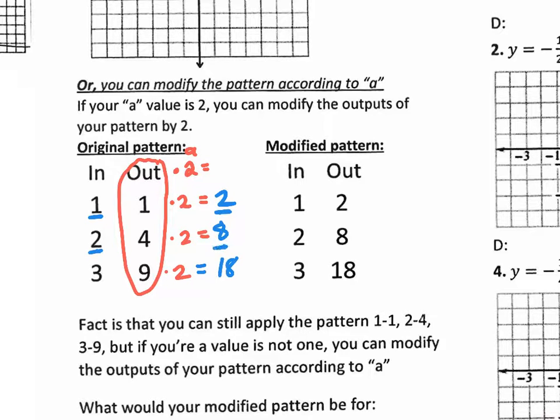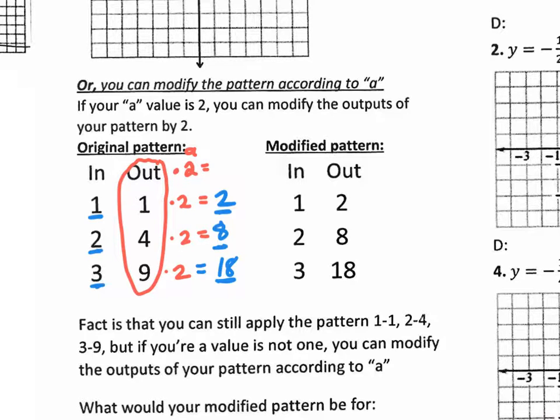It's 2, 8 instead of 2, 4. And it's 3, 18 instead of 3, 9. Again, we're still using the pattern 1, 1, 2, 4, 3, 9. We're just modifying the outputs by multiplying the outputs by whatever your new a value is.